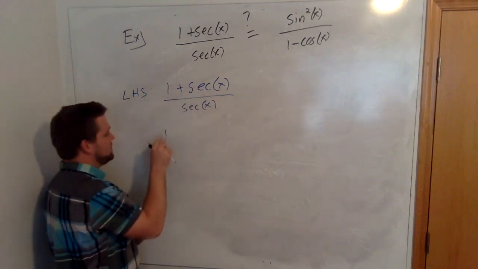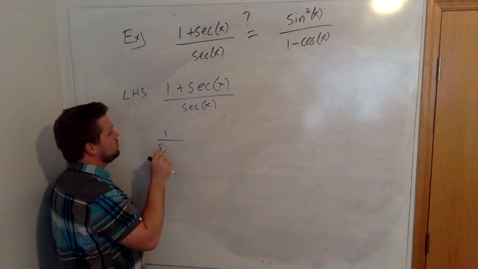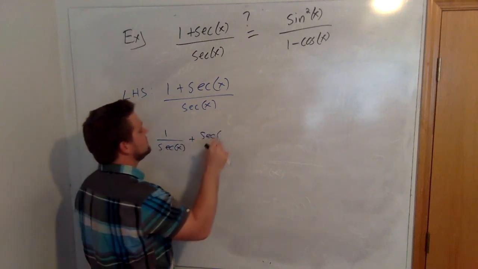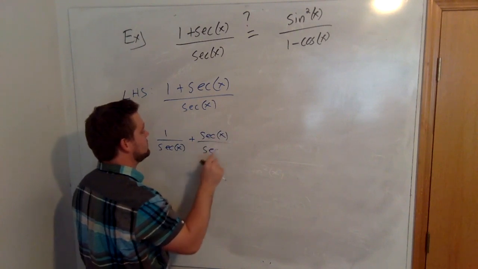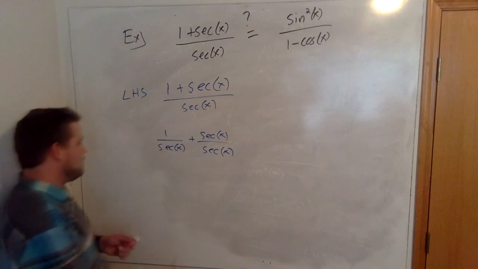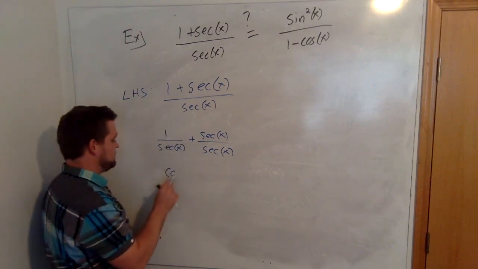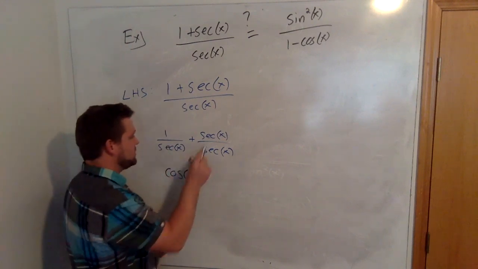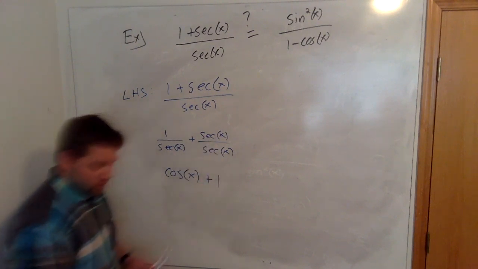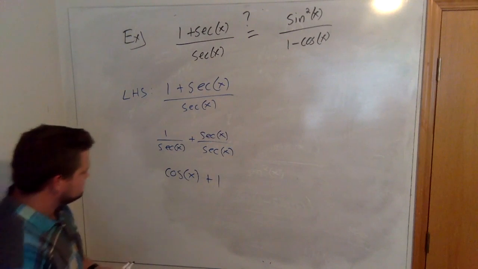So maybe you say this is the same thing as 1 over the secant of x plus the secant of x all over the secant of x, kind of just undoing the fraction addition. Well, 1 over secant is the same thing as cosine of x, and secant over secant is 1. So we have cosine of x plus 1.